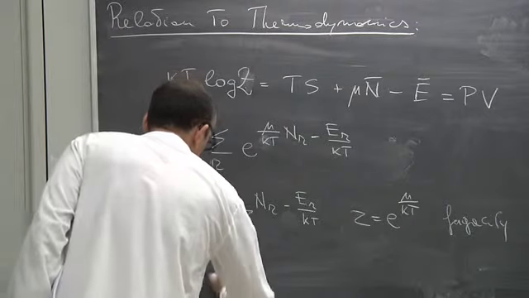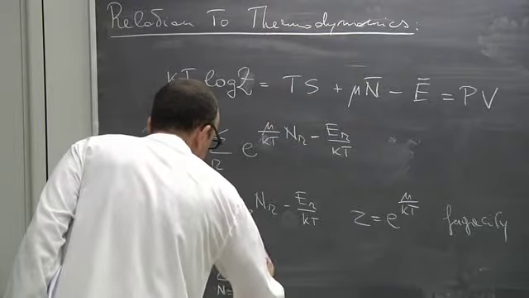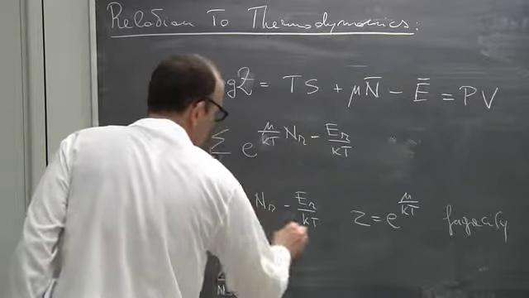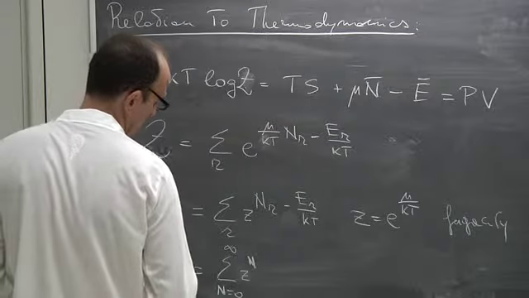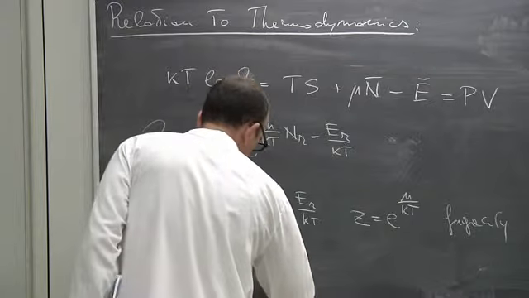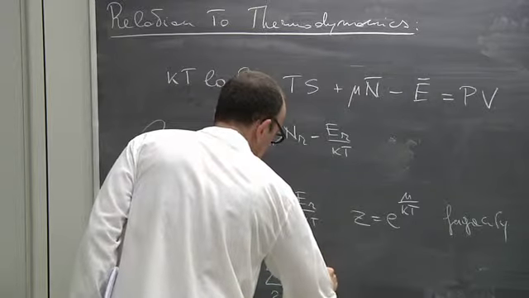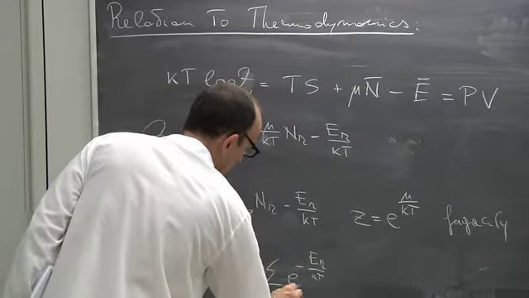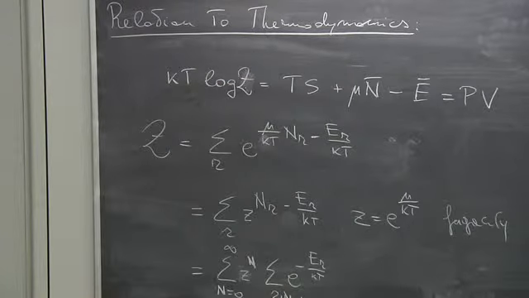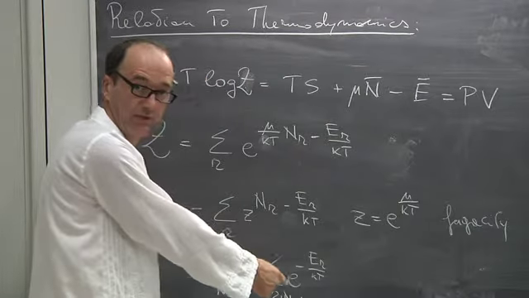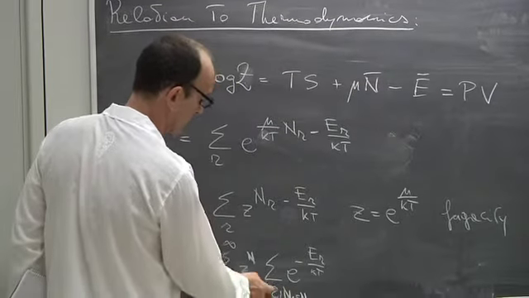So you sum from n equal to 0 to infinity. You have fugacity to the power n. So this is a z, okay, a small z to the power n. And then you have the sum over all the states of e to the minus E_r over kT, where here the sum is over all the states with n_r equal to n. But this sum here is precisely the canonical partition function for a system with n particles.